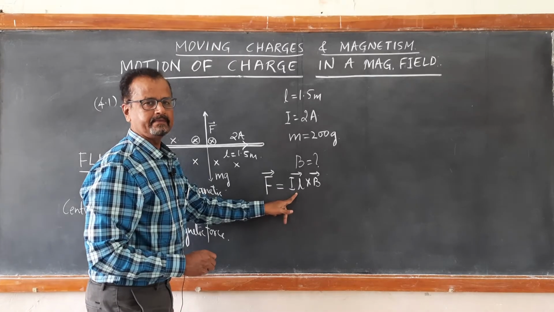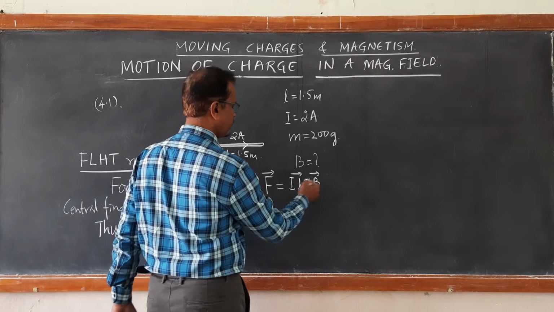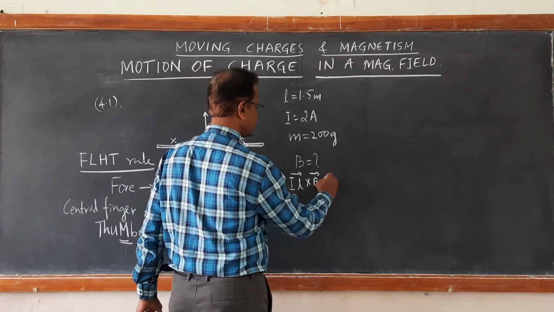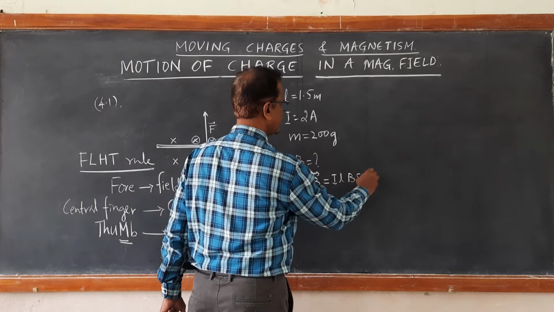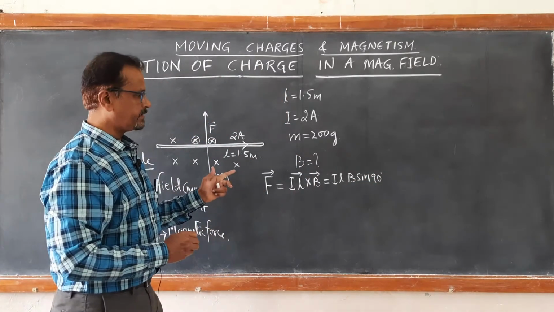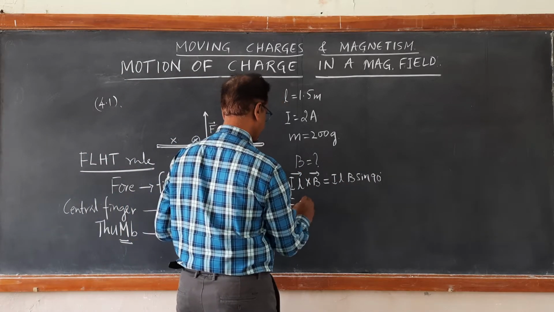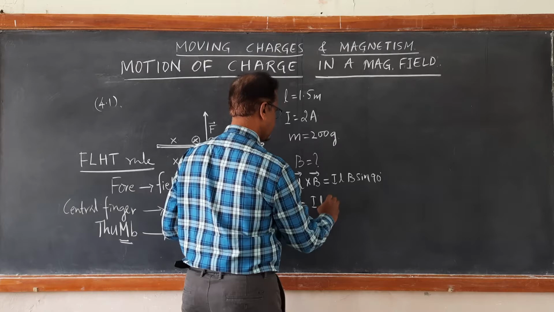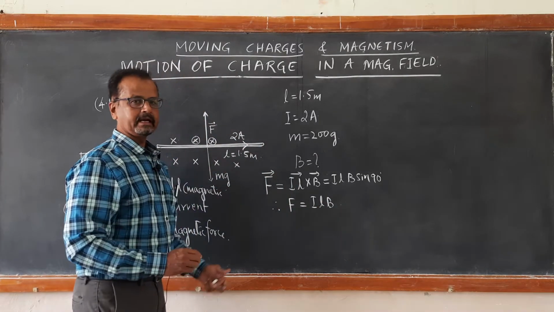So IL cross B. When they are perpendicular to each other, it is ILB sine 90, since the angle between the magnetic field and the current element is 90 degree, therefore it becomes ILB. Therefore F is equal to ILB. This is the Lorentz force experienced by the current carrying conductor.